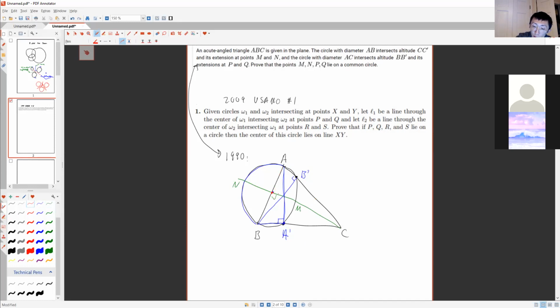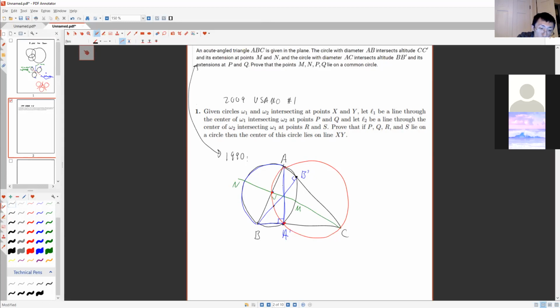So it should pass through both this foot of altitude and that foot of the altitude, for the reasons we said earlier. Yeah. So then it says it intersects the altitude B prime and its extensions at P and Q. So this is P and Q.